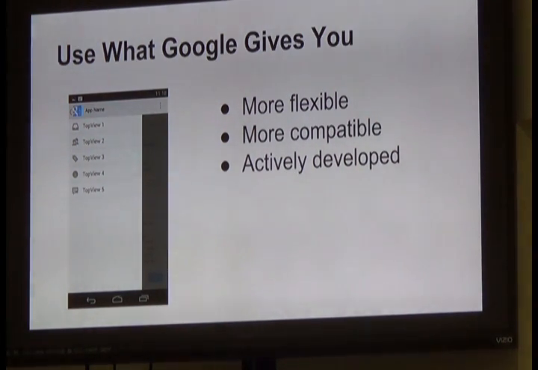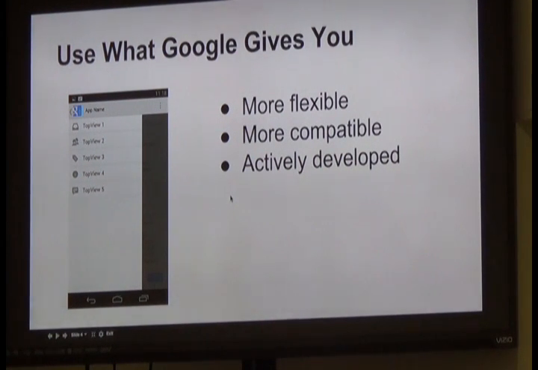And most importantly, those elements are still being actively developed. So if a new UI trend comes along and now we have fancy pop-up menus from the bottom, they will build that into whatever components you were already using rather than you having to go and expand that yourself.